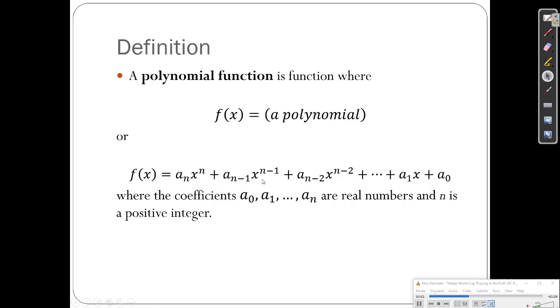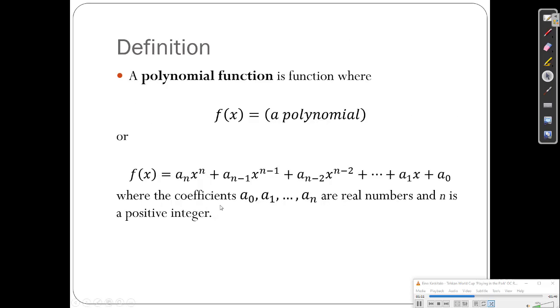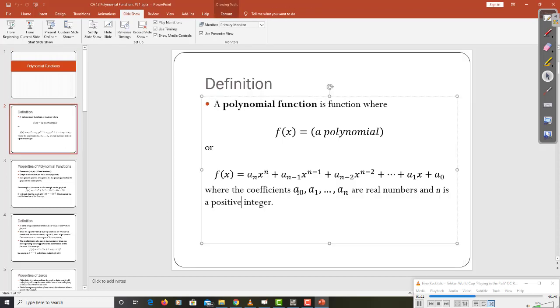So 0, 1, 2, 3, 4, 5, 6, 7, etc. I said positive integers. That's not actually correct. Should be non-negative integers, because it could be 0. A sub 0, that x term has a power of 0 in it.